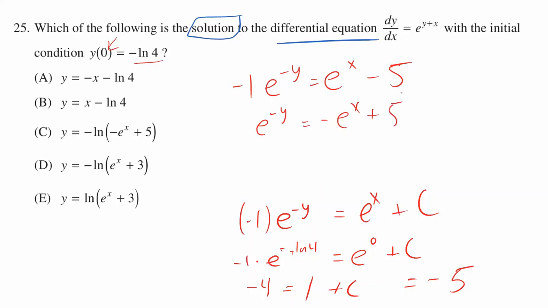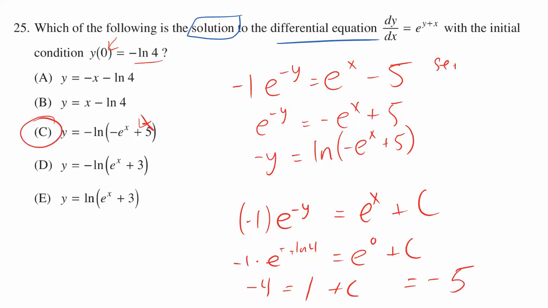You can probably start seeing where it's going to end up here. Take our natural log of both sides. And we get the negative y right here equals the natural log of negative e to the x plus 5. Throw the negative over. There it is.